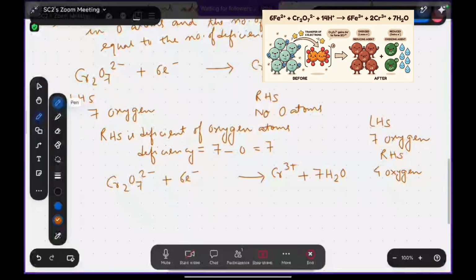The right hand side is having less oxygen, so it is deficient. How much is the deficiency? 3 oxygen atoms. So what would you have done? You would have added 3 water molecules on the right hand side.